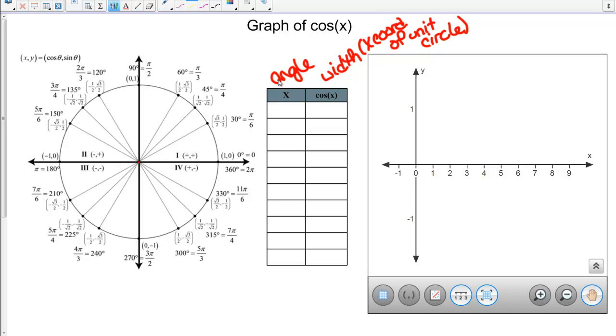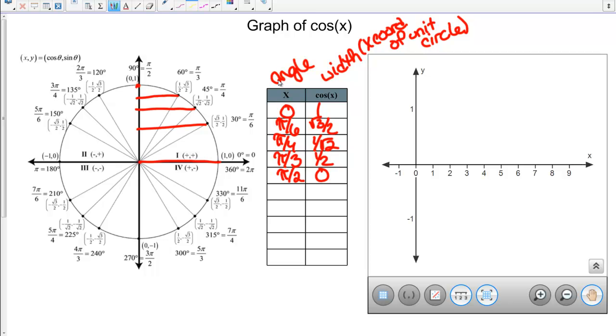So we have a width of 1 at 0 degrees. We have a width of square root of 3 over 2 at pi over 6. At pi over 4, we have a width of 1 over square root of 2. At pi over 3, we have a width of 1/2. And at pi over 2, we have a width of 0.